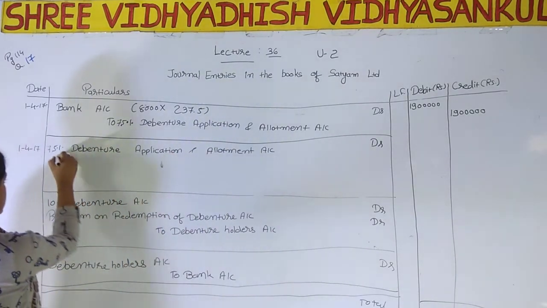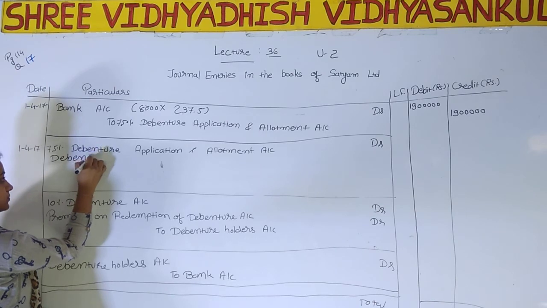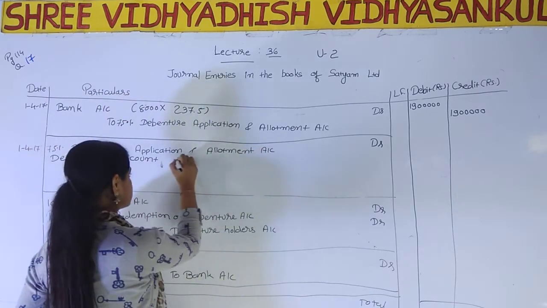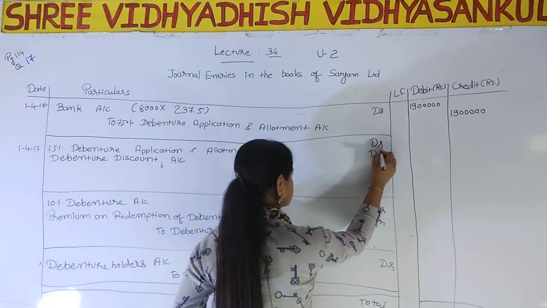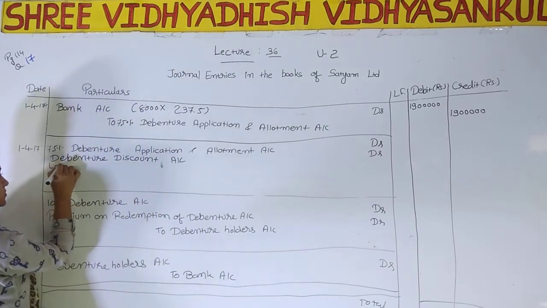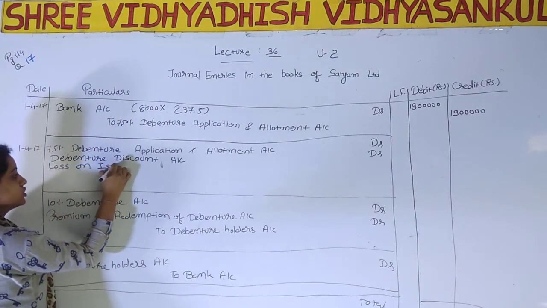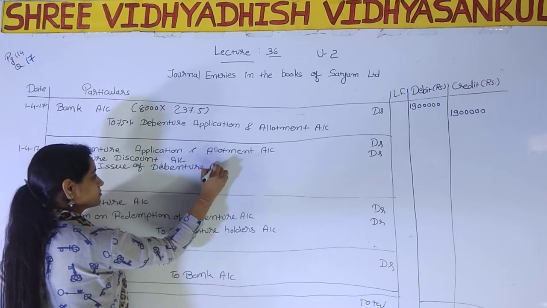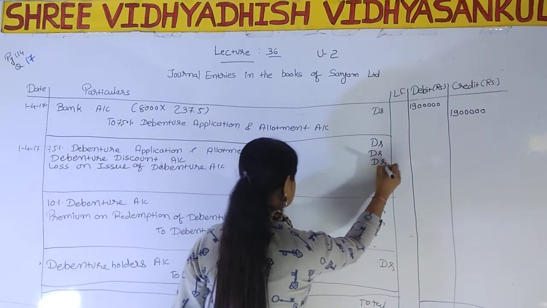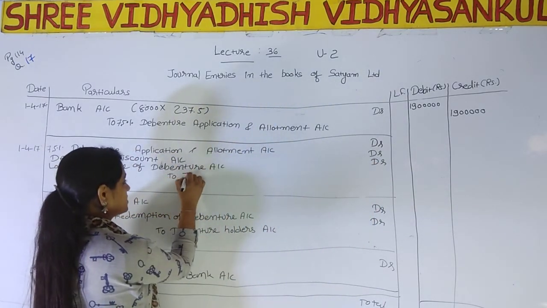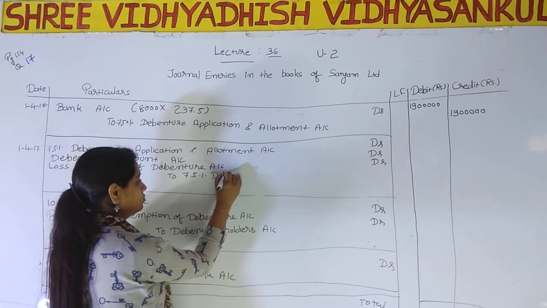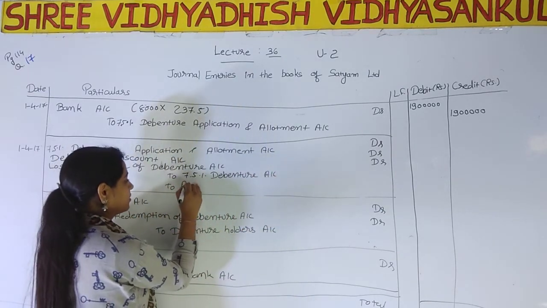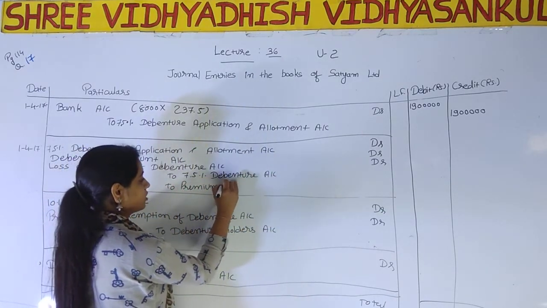Then we have to debit debenture discount account, loss on issue of debenture account debit to 7.5% debenture account and to premium on redemption of debenture account.